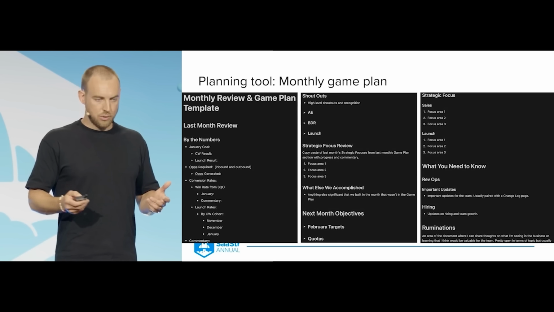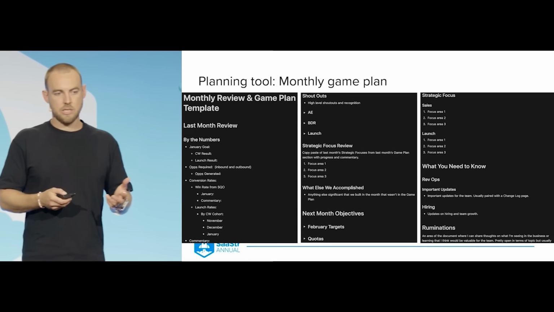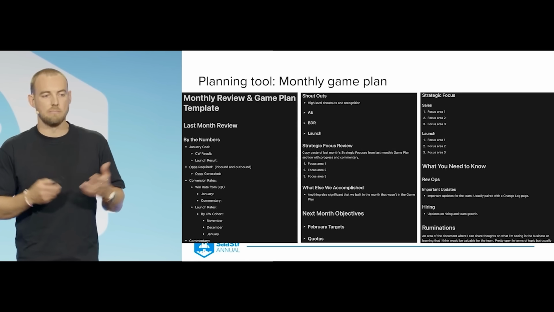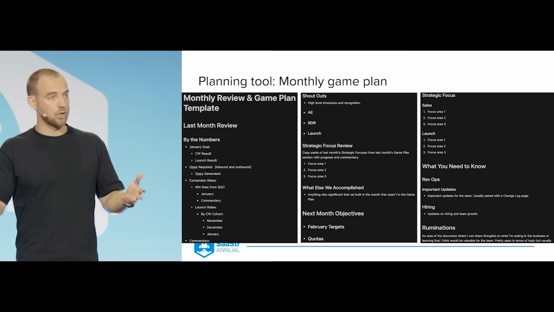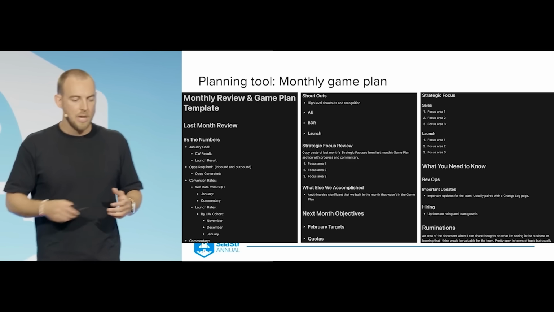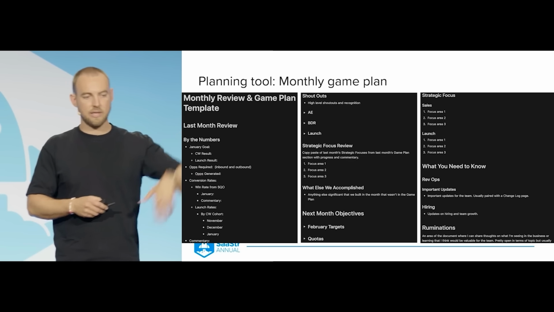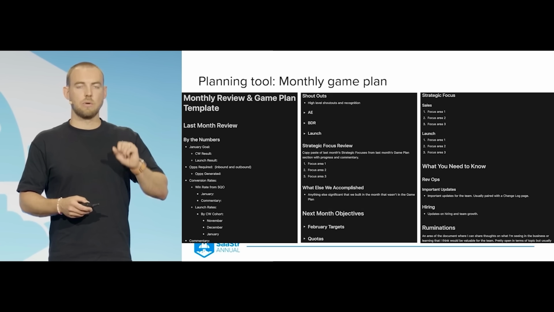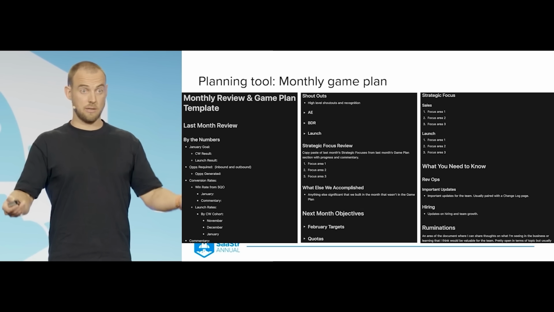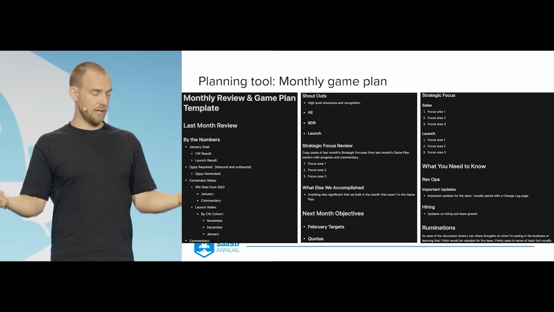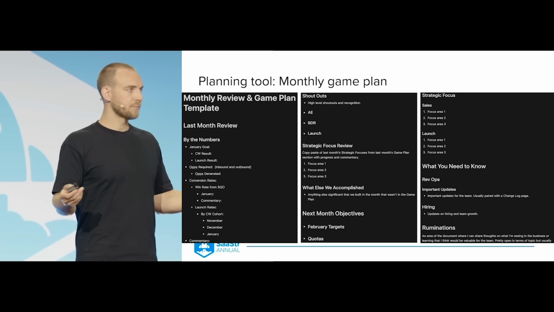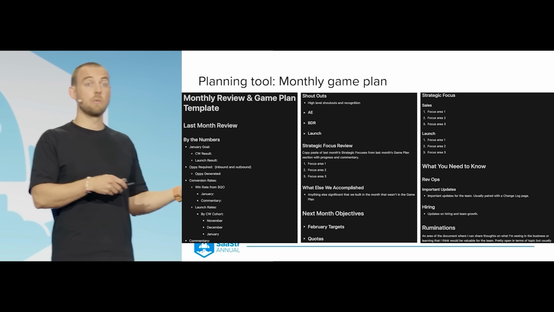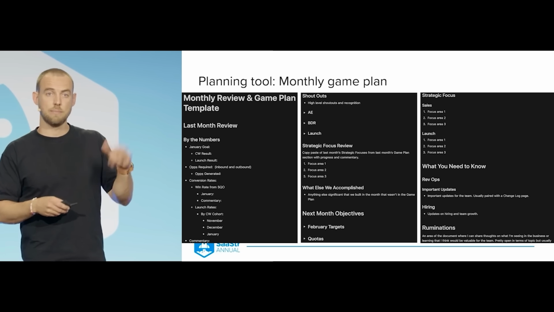So one of the key tools under planning is this. We do it monthly. I write a monthly game plan, which now the functional leaders largely write. This is where I take stock of everything that happened in the previous month. So what were the outcomes? How did we do? I'll give shout outs to the reps, because this is a document that everybody in the organization gets access to. What were the strategic priorities that we said were critical for us to accomplish in this period?